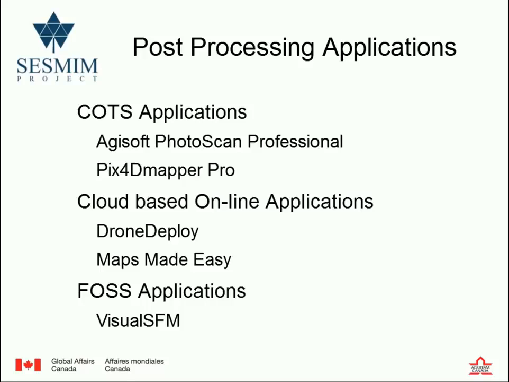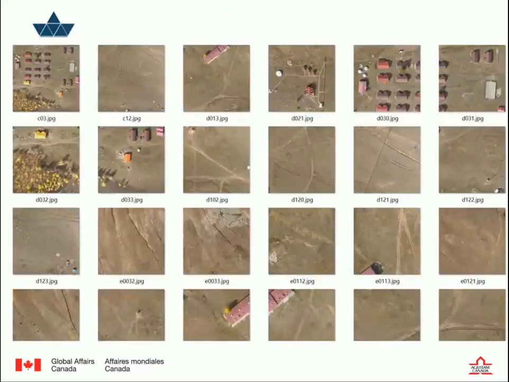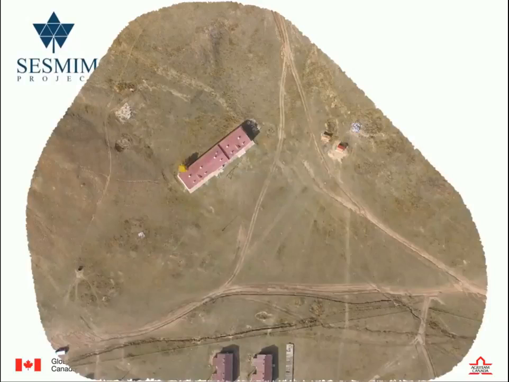I've got up to this slide. For free open source applications, Open Drone Map is available, and it works, but it only works on Linux. With Agisoft, we created this ortho photo. This is, again, the field work. We're trying to put in ground control.